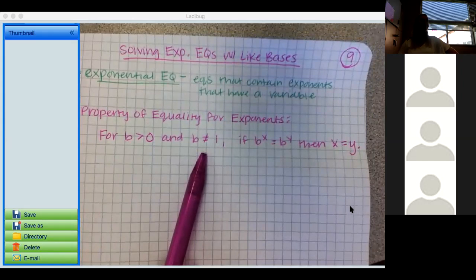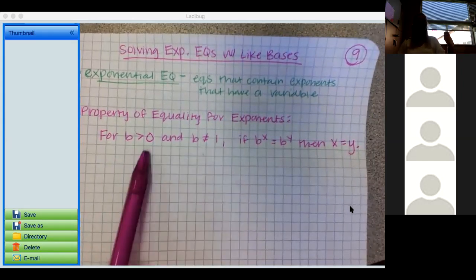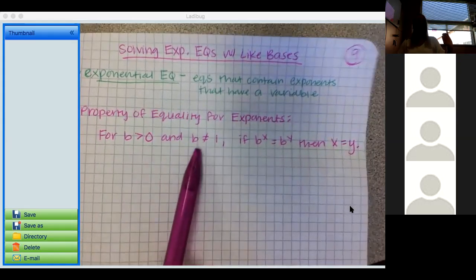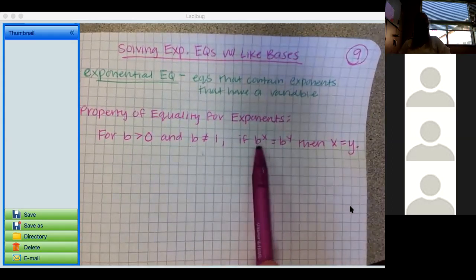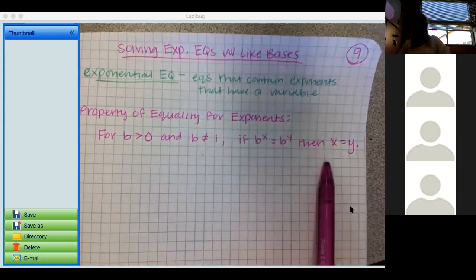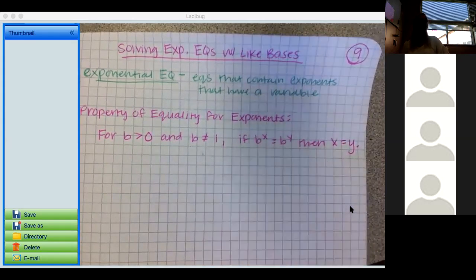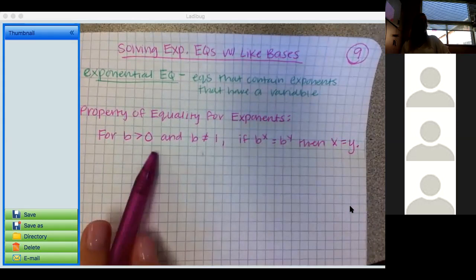So are you guys okay if we just table that for tomorrow? I will tell you why it has to be bigger than 0 and why it can't be 1 tomorrow when we talk about exponential functions, okay? But what you need to know is if the two bases are the same, then I can set the exponents equal. Does that make sense? Do I need to write that out in English and not math?